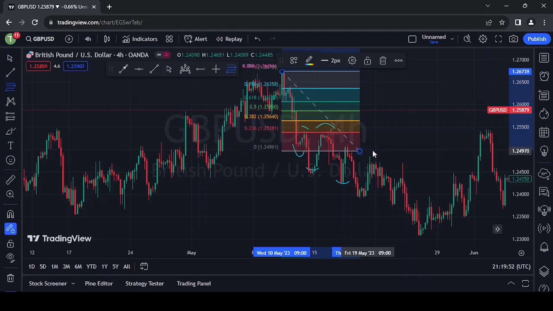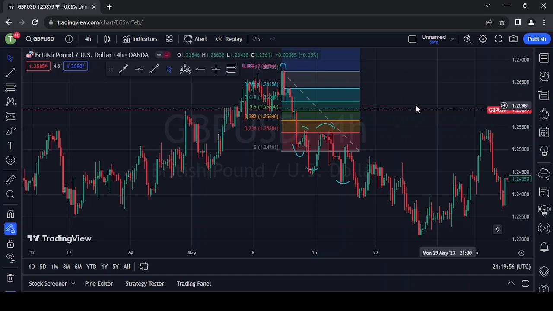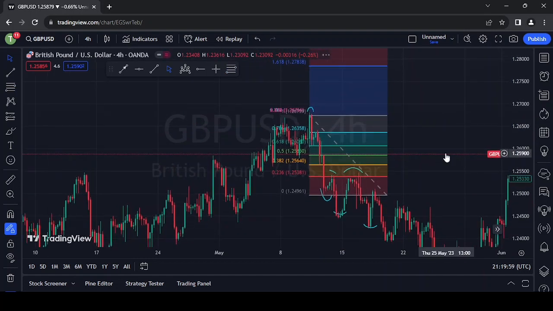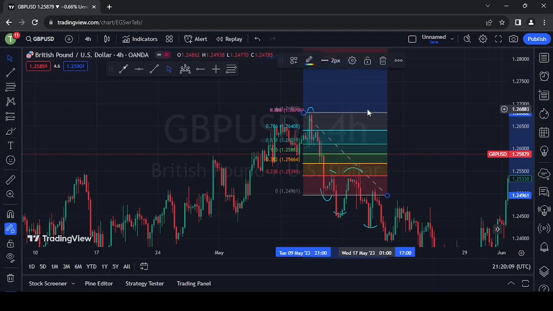This is how you use the Fibonacci retracement tool. You need to choose from the first point, that is from the peak. Can you see what I just did? I adjusted.